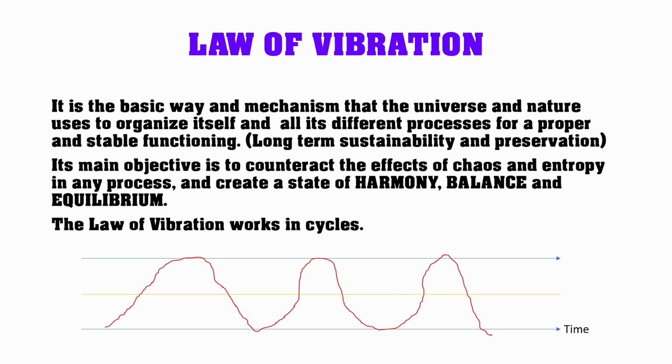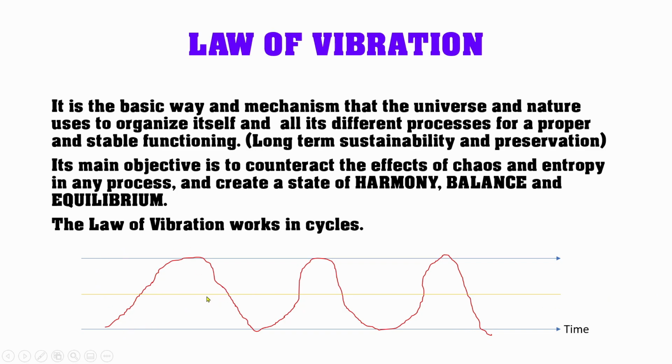The process or the system will be destabilized, and it will auto-destruct. Nature doesn't want that to happen, and it has a mechanism to maintain preservation and balance to infinity.